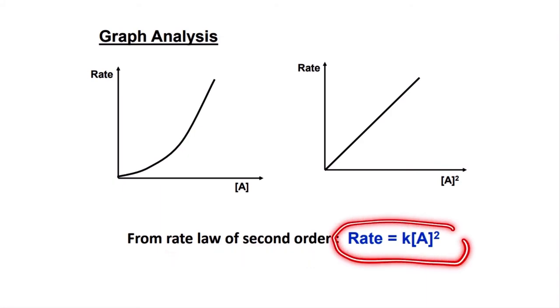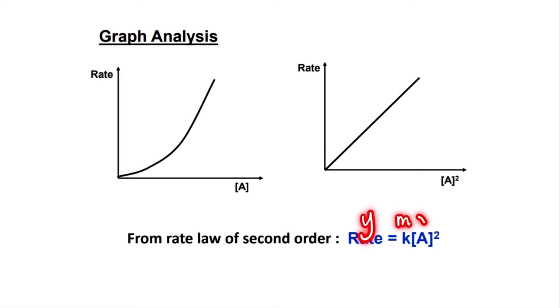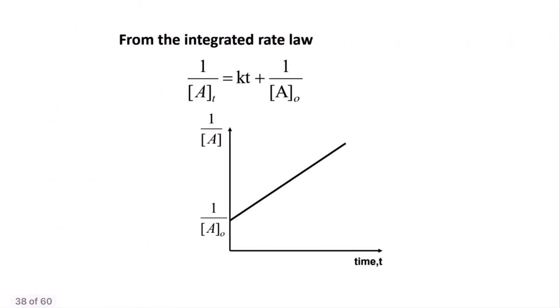So here you have your rate law. So y equals to mx. You can put x as concentration of A to the power of 2, then you will get a straight line graph. If you put x as concentration of A only, then you will get a curve graph like that. Right?